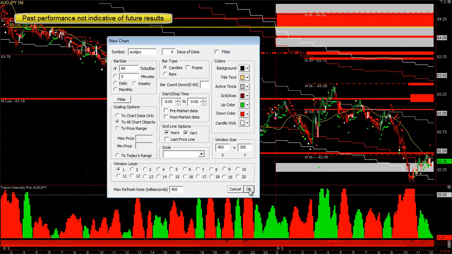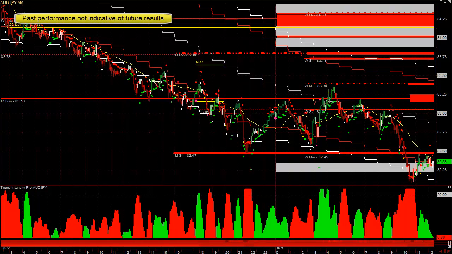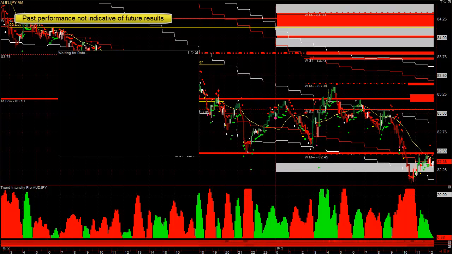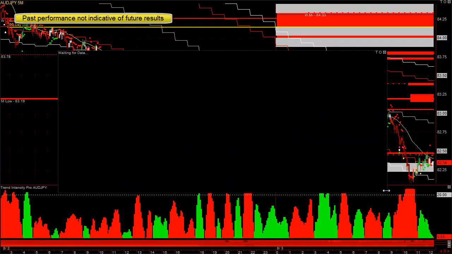You only make or lose money based on price movement. So bring this up on the chart. It has to download all the tick data. Because I lost internet access, I might have to reboot eSignal.